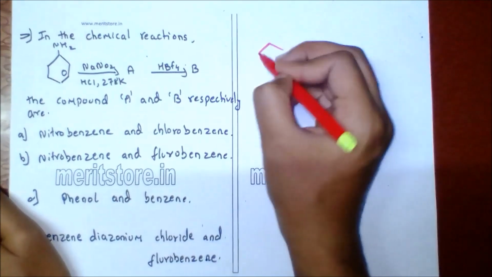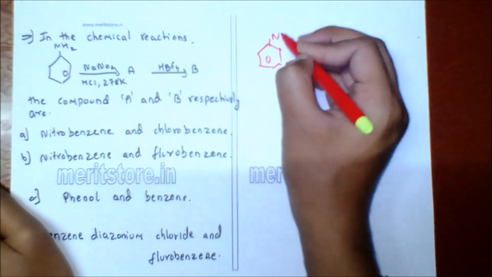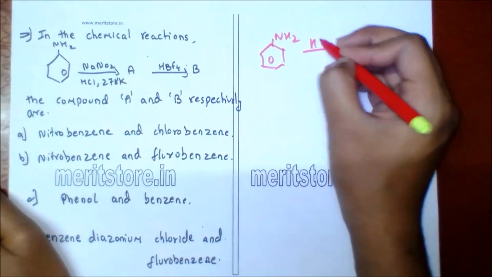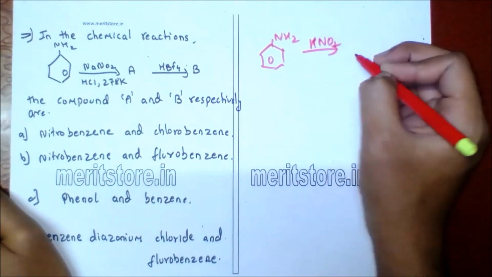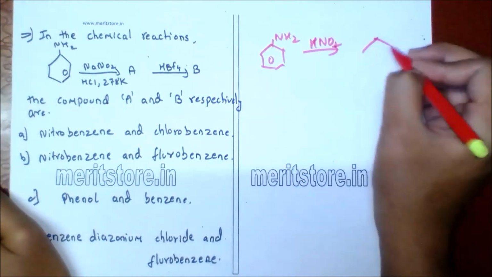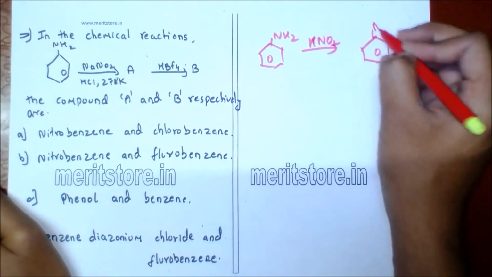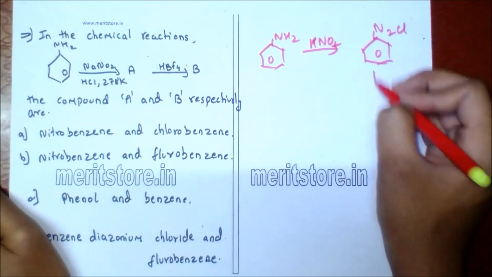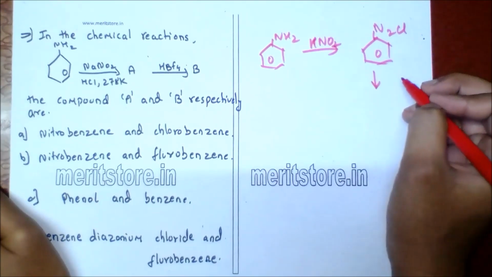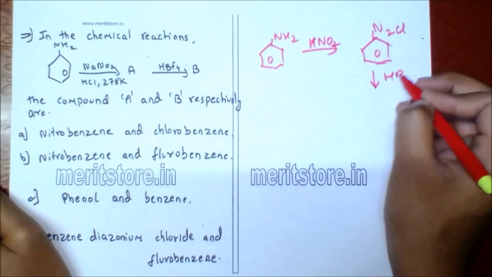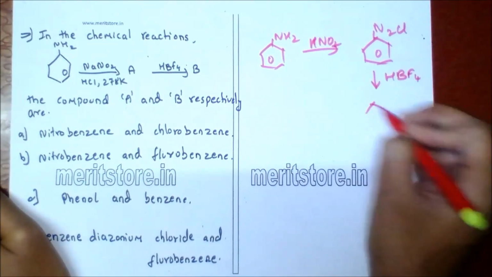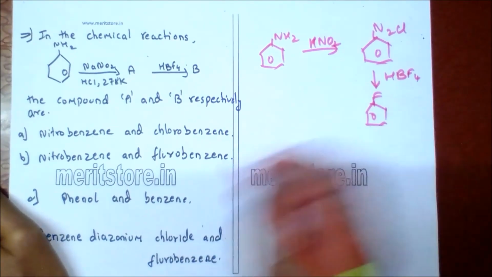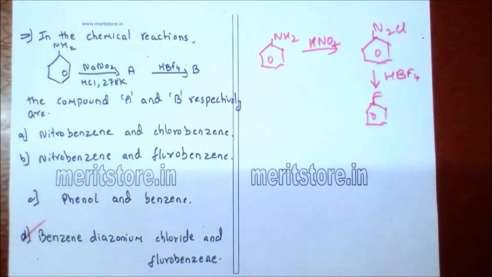So reaction of aniline in presence of NaNO2 and HCl, which form nitrous acid HNO2 at 0 degrees Celsius, gives diazochloride, so this is A. Benzene diazochloride on reaction with HBF4 will give fluorobenzene. So option D is the correct answer.